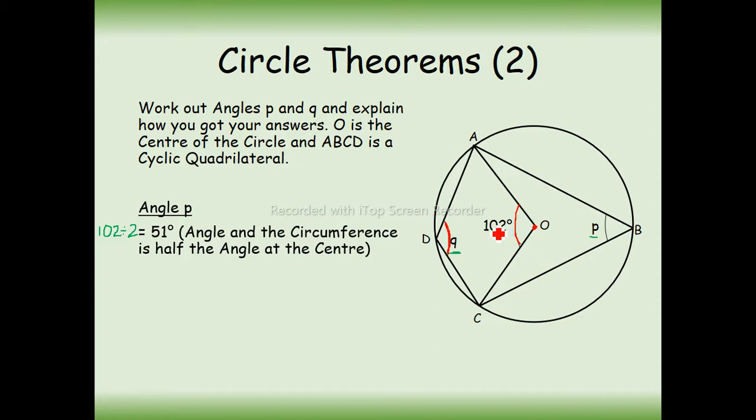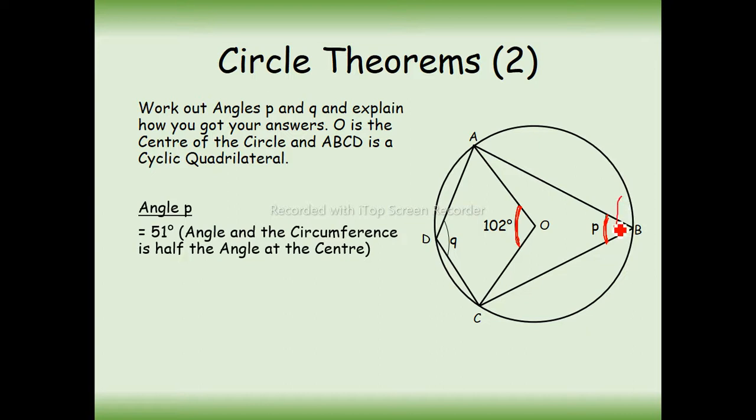We finding Q or P? My apologies. This is P. It's supposed to be P. Yes, you're right. This is the angle at the center, and the angle at the circumference is supposed to be 51. So this is going to be 51.